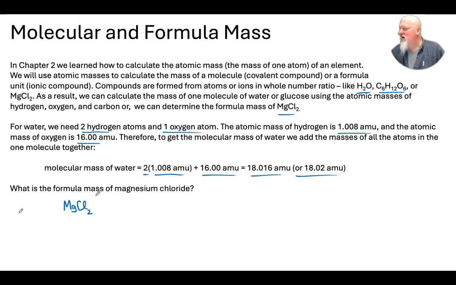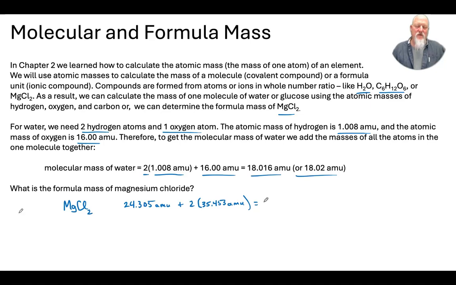So magnesium is 24.305 AMU, and we only need 1 of those. And then we're going to do 2 chlorines. And chlorine's 35.453 AMU.